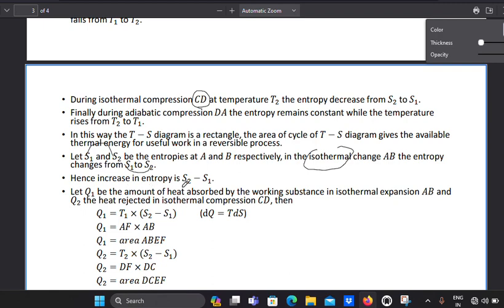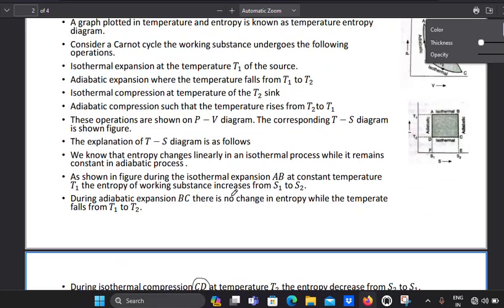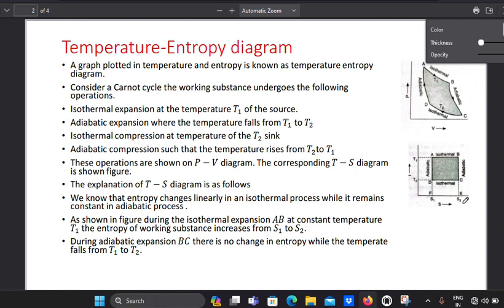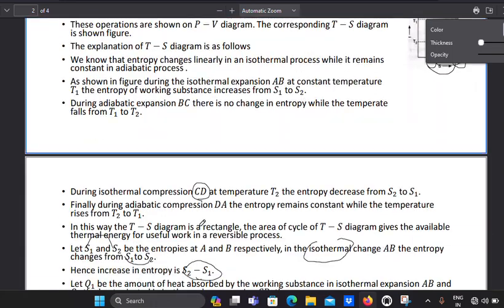Hence, the increase in entropy is given by S2 minus S1. It is the change in entropy. How much entropy has increased we can calculate by subtracting S2 minus S1. See the diagram, here it is S2 and here it is S1. We know S2 is greater than S1, and if you take the difference, then you can get how much the entropy has increased.